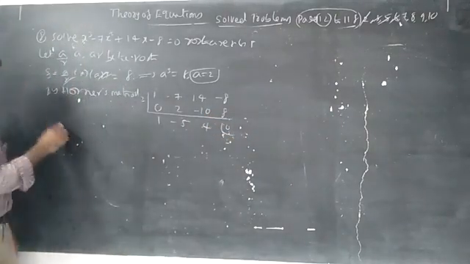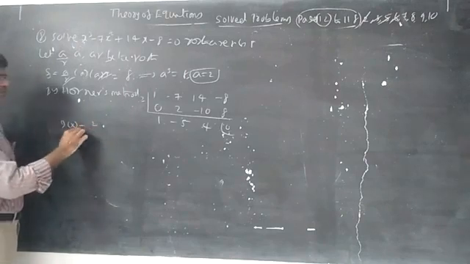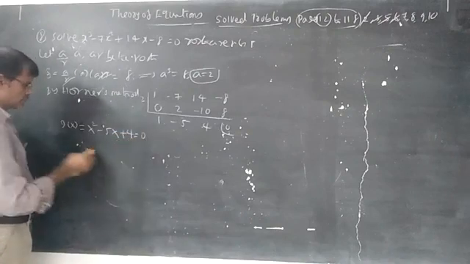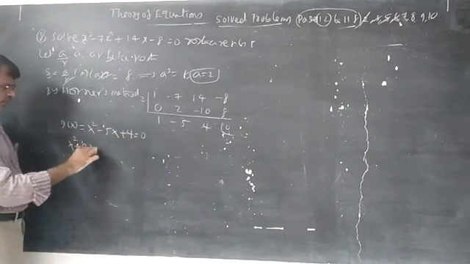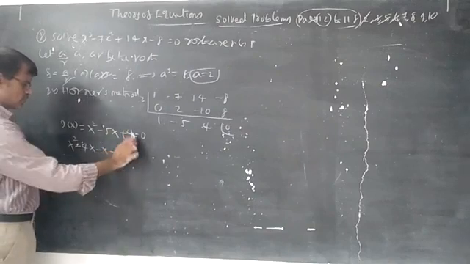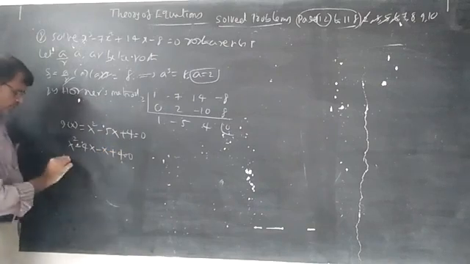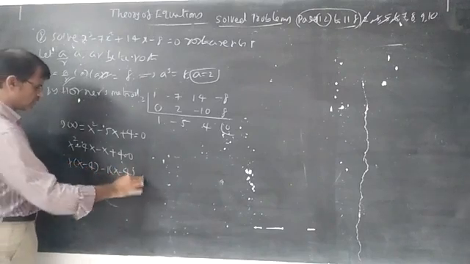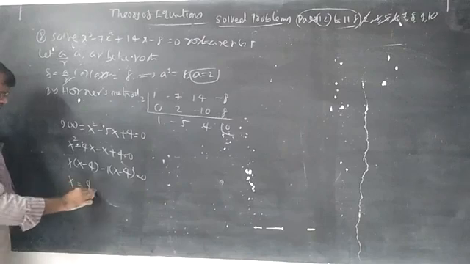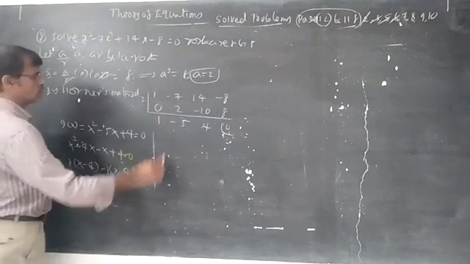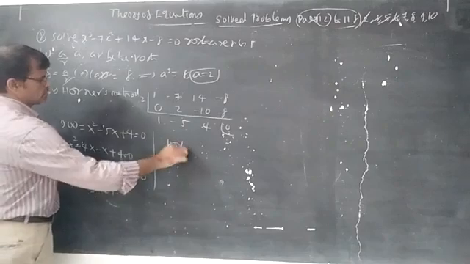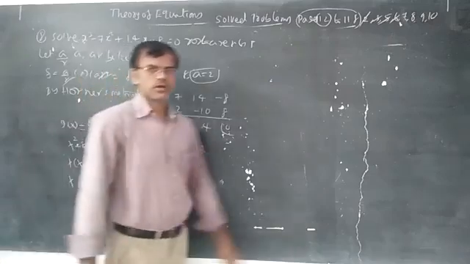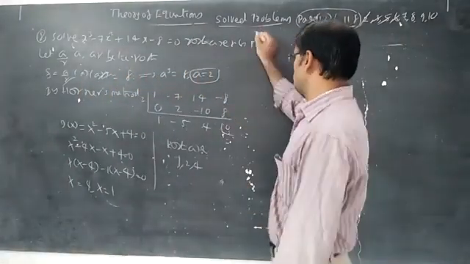So let us write g of x is equal to x square minus 5x plus 4 equal to 0. So x square minus 4x minus x plus 4 equal to 0. You can take x common, it becomes x minus 4, minus 1 taken common, it becomes x minus 4. So x is equal to 4 comma x is equal to 1. Therefore, roots in order you can write 1 comma 2 comma 4 are in GP, they are the roots.